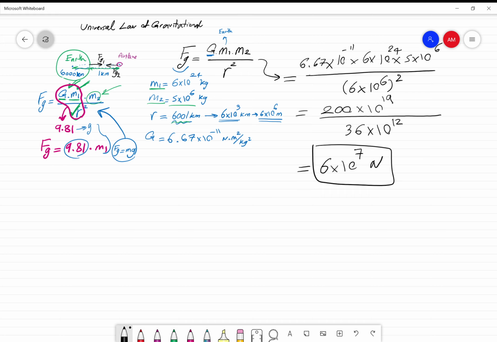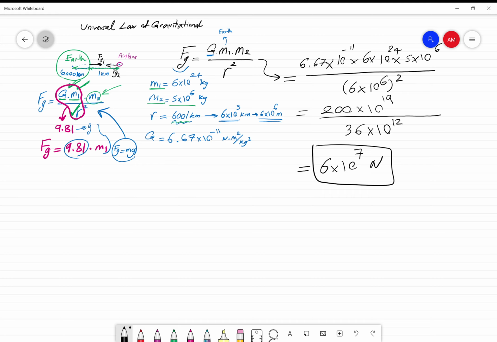So roughly, the force of gravity is 6 times 10 to the power 7 newtons, and we said that that force applies on both objects, one to the left, one to the right. It means Earth is pulling the airplane with a force of 6 times 10 to the power of 7. Airplane is also pulling Earth with the force of 6 times 10 to the power of 7.